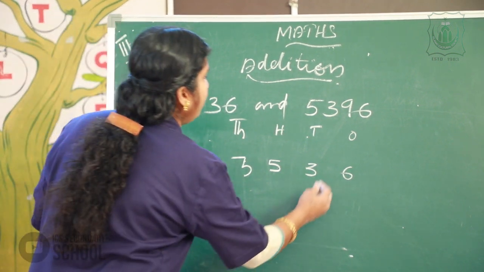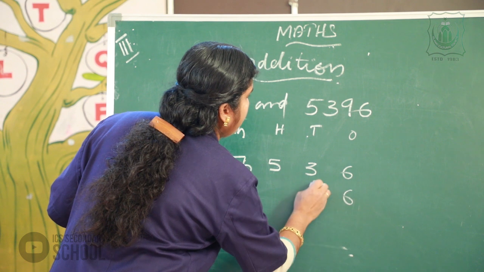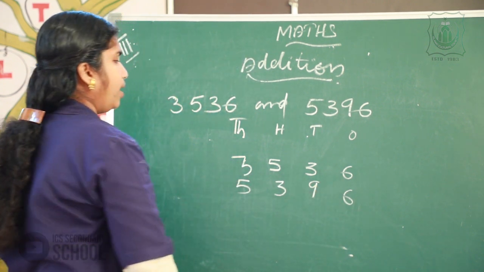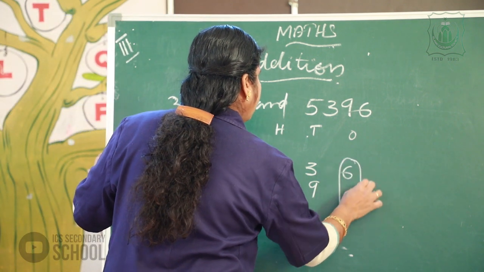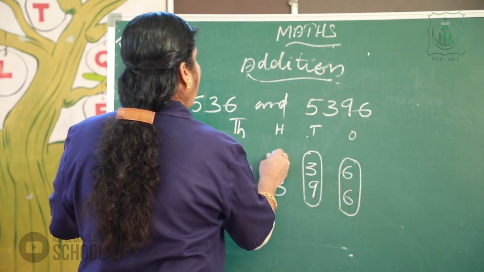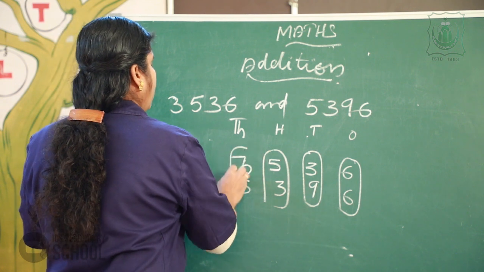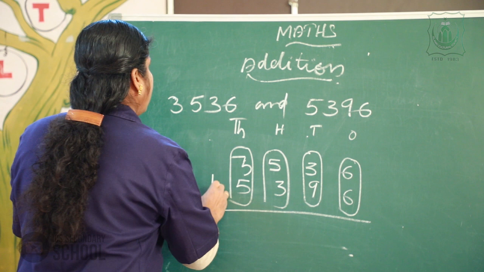Next we write the next number, 6, 9, 3, 5. Arrange the columns: ones column, tens column, hundreds column, thousands column.